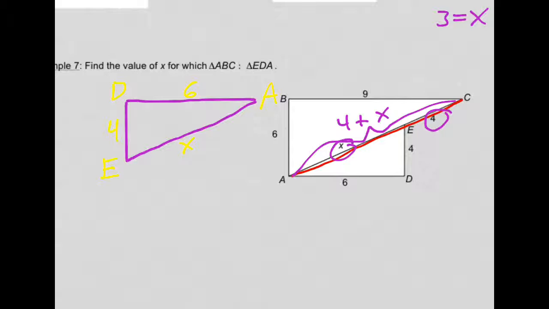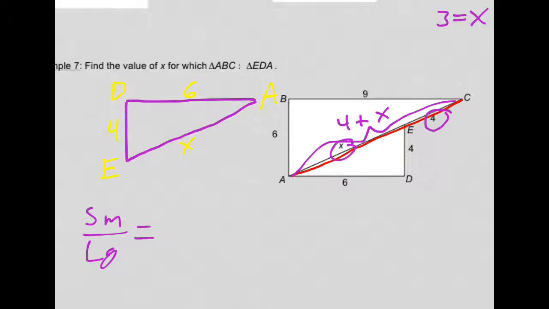All right, so first I have to set up a proportion, and I'm going to go with DA over BC. Remember, when you're setting up a proportion, you're going to look for two sides that have just numbers. So I'm going to do small over large. That means my small triangle over my large triangle.